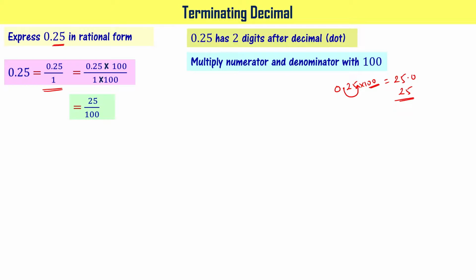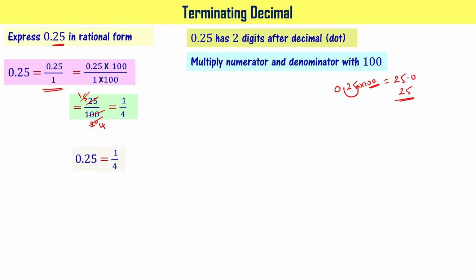25 by 100. You can use the fifth table. 5 times 5 is 25, 20 times 5 is 100. Now again, 5 and 20 have a common factor of 5. So let's divide this by 5, that is 1, and divide this by 5, that is 4. So 25 by 100 can now be written as 1 by 4.